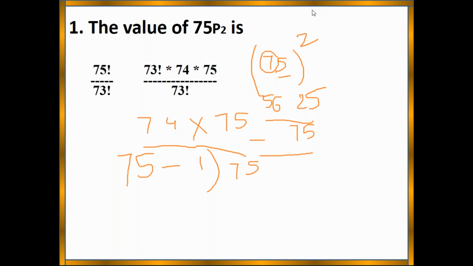Is it correct, Irfan? So 74 into 75 we can write as (75 minus 1) into 75, because we know the square of any two-digit number ending with 5. 5 square is 25, and 7 eights are 56. 5625 is the value of 75 square.